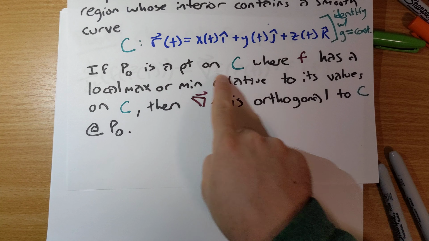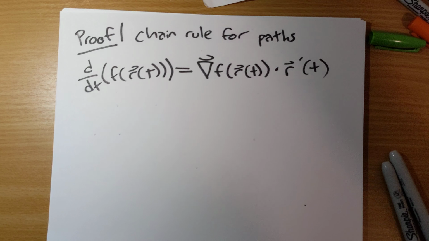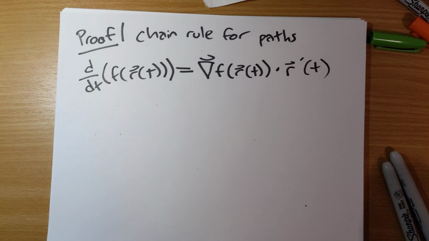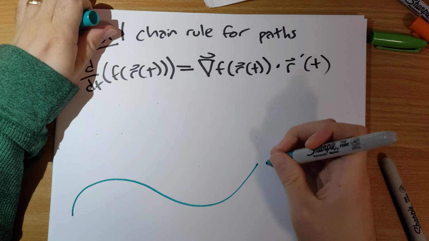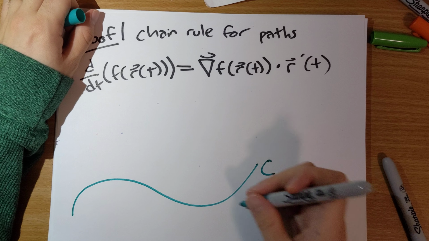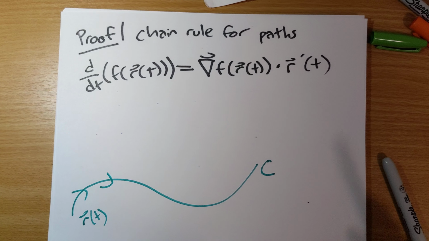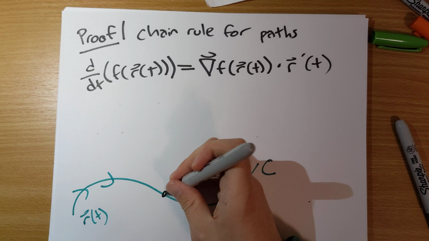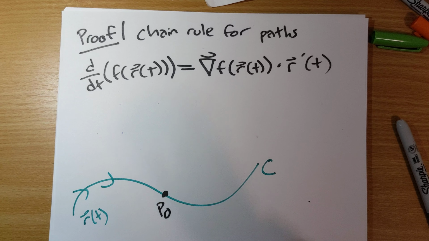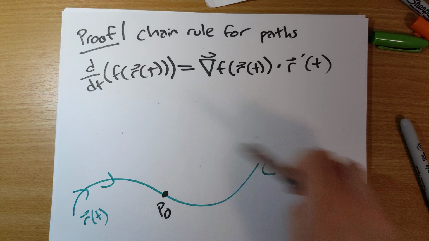If P naught is a point on C where f has a local max or min relative to its values on C, if f has a local max or min as we move along, so the idea here is that here is our C, and r of t corresponds to moving along C. If this point right here, this P naught, is a max or a min, what does that tell us about the derivative of f of r of t?